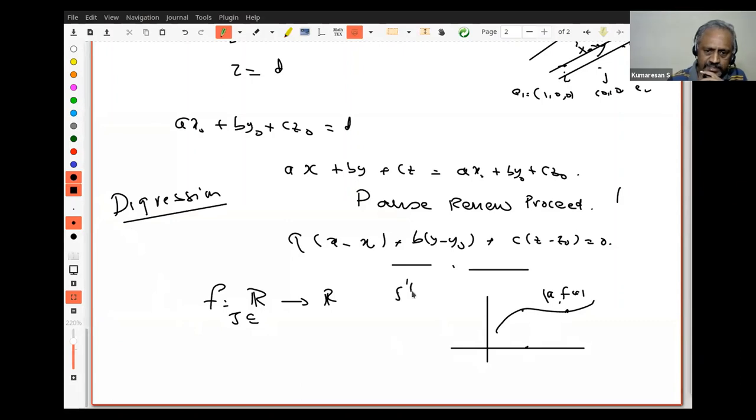Then what was f dash a? There was a geometric interpretation for that: it is the slope of the tangent passing through the point a comma f of a. You understood that? Now I am going to say this definition which I wrote down here gives an analog of this. What does it mean? I will explain.